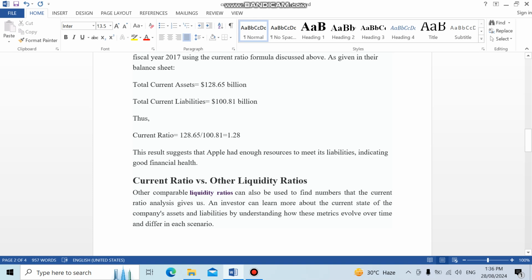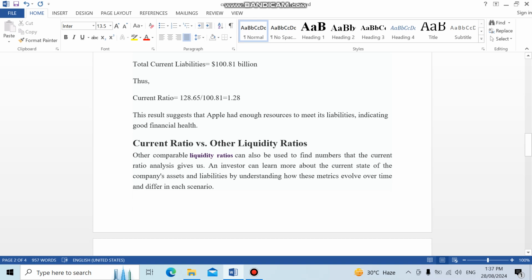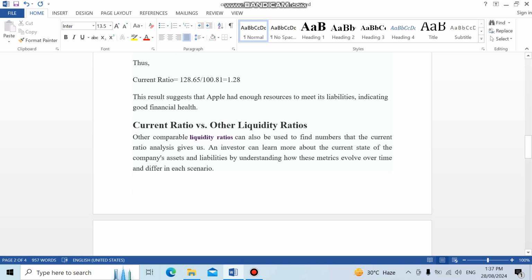Thus the current ratio is 128.65 divided by 100.81. So when we calculate it, it comes to 1.28. This result suggests that Apple has enough resources to meet its liabilities, indicating good financial health.